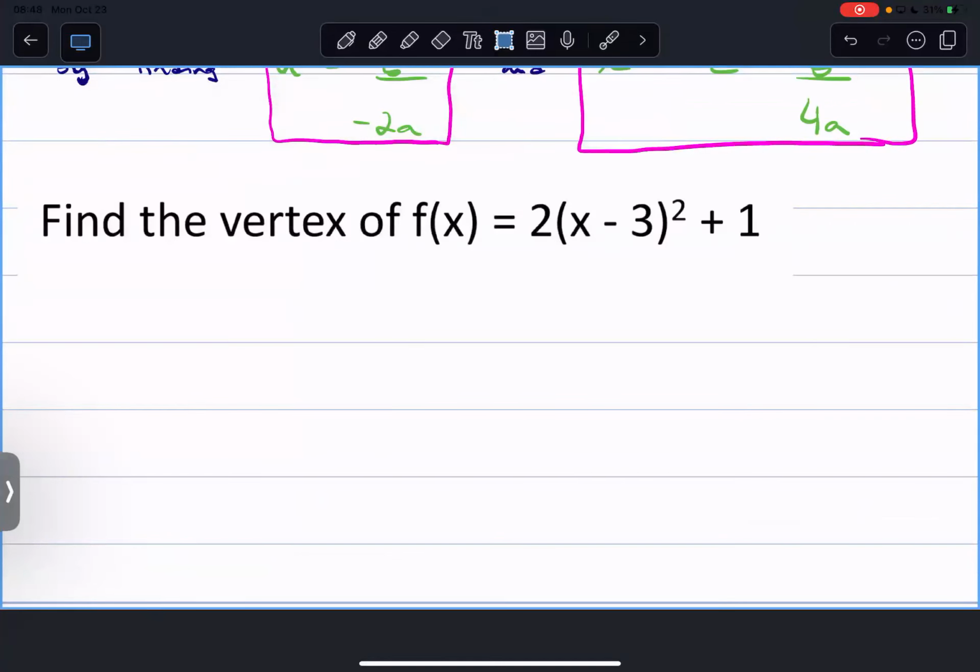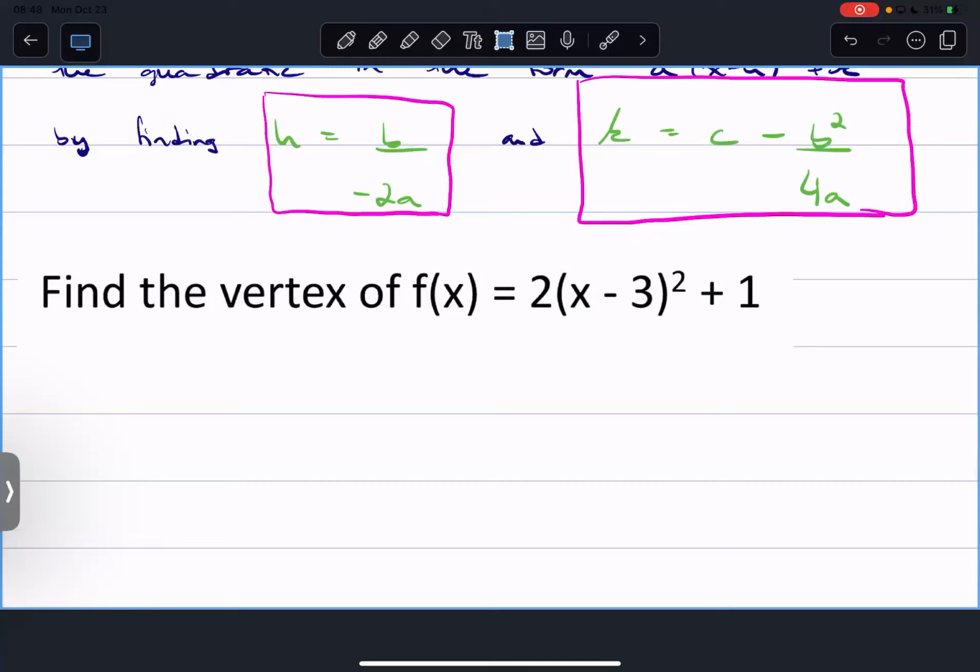Supposed to find the vertex of something easy first. That's fine, we had to warm up. We got there. Took off like a horse. Okay. Let's start nice and slow.